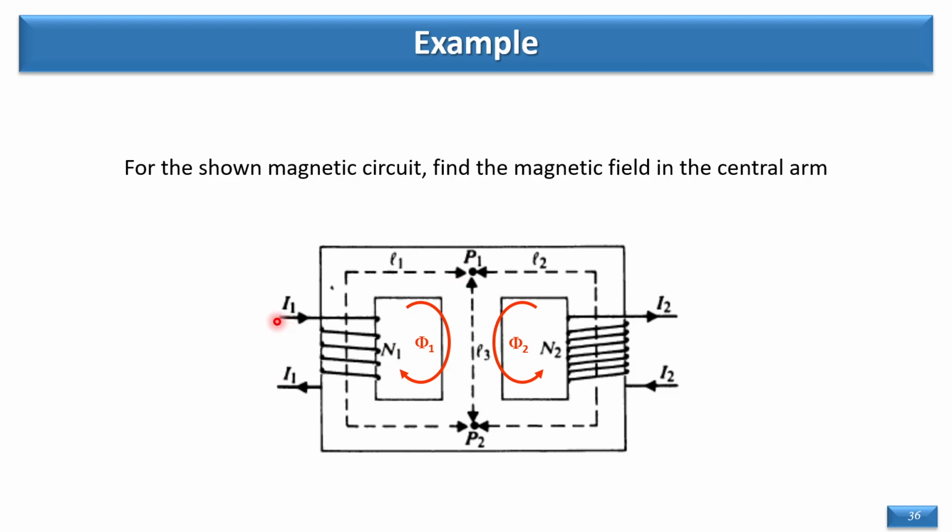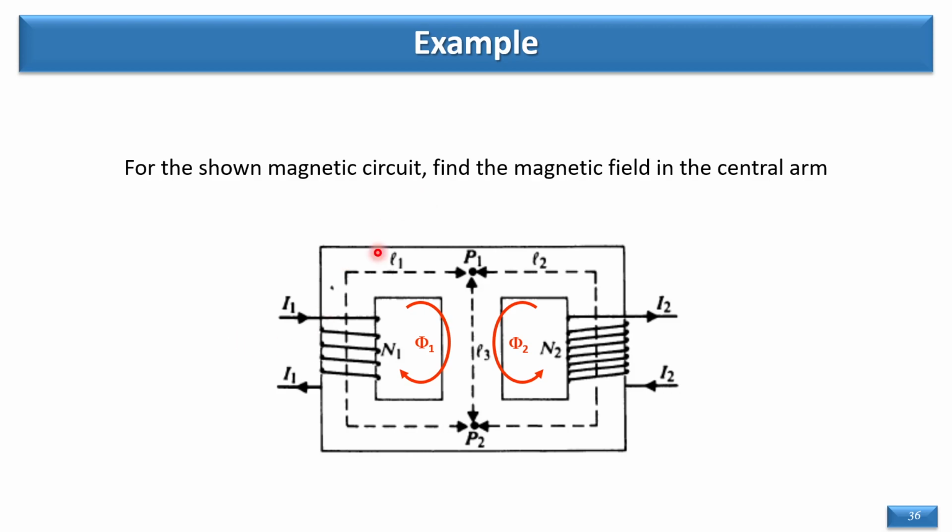So we have magnetomotive force 1 and magnetomotive force 2, and you must pay attention to the direction of each magnetomotive force. It is acting as a battery. Is the positive that way or the other way? In order to know, we use the right hand rule. We put our fingers along the coil rotation, and our thumb will point to the direction of the current.